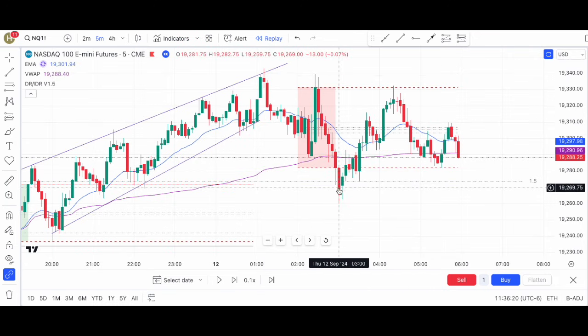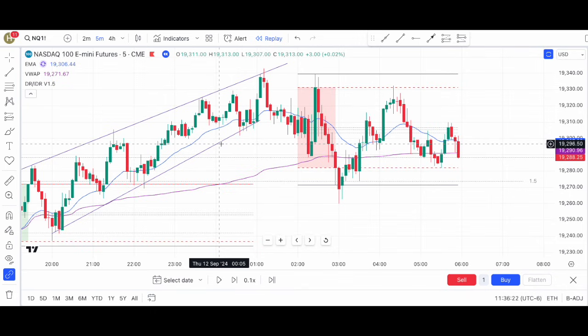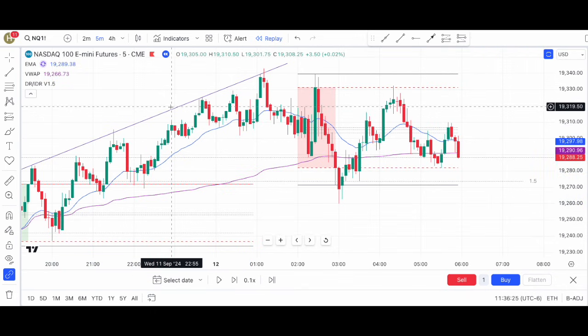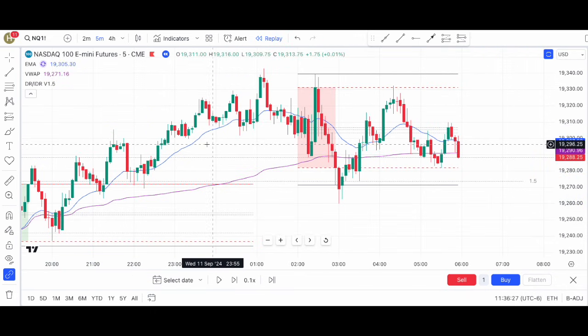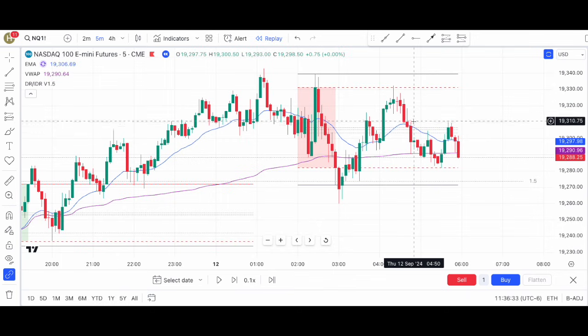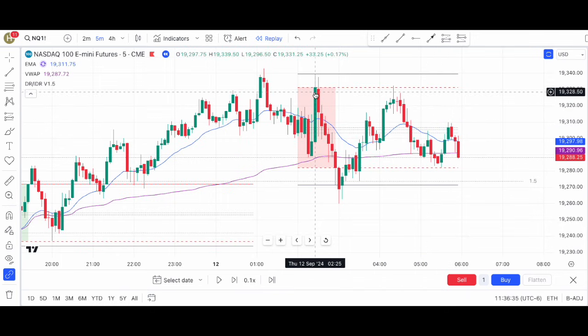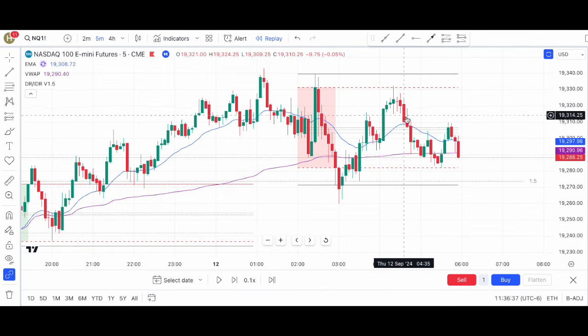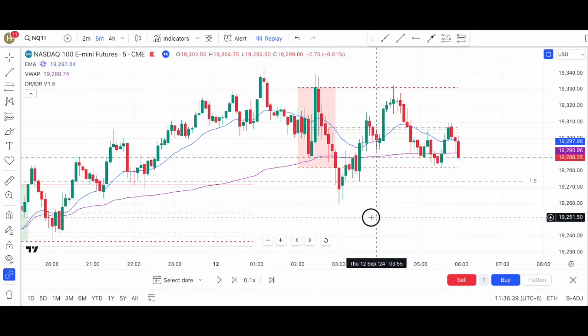It looks like we're going up and down and up and down. That's what I'm guessing we are in. This was a pretty big down, but then we came back almost all the way up. So that's what makes me think this is more like a trading range.